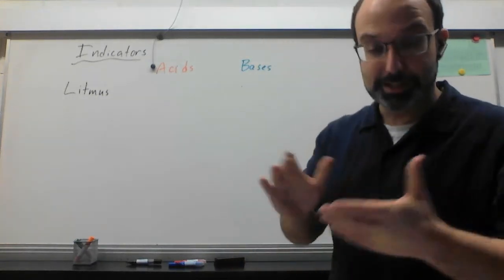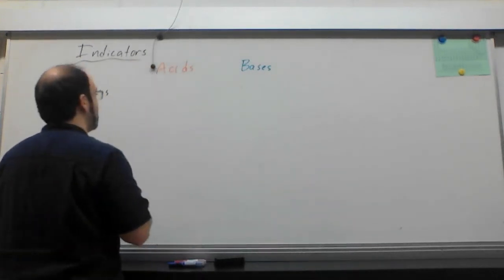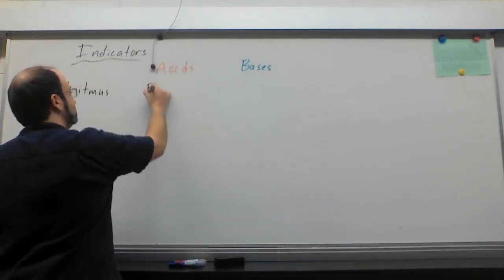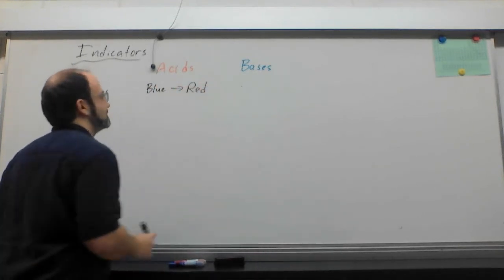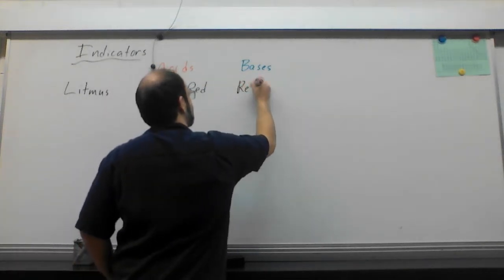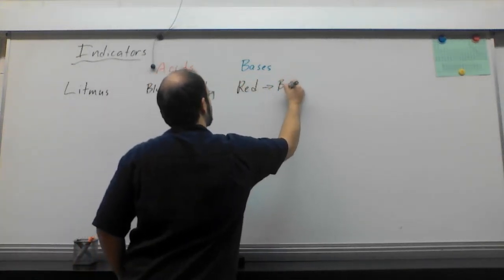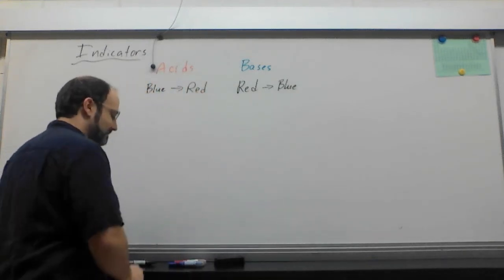Anyway, litmus has a certain behavior. Specifically, litmus is usually on a paper, and blue litmus will turn red in the presence of an acid, whereas red litmus will turn blue in the presence of a base.